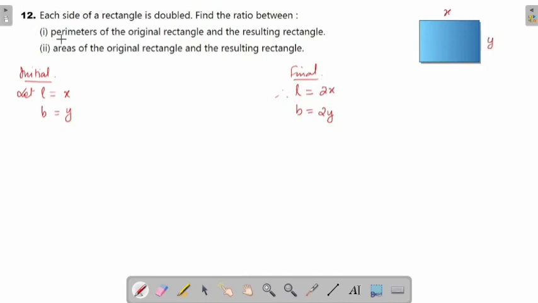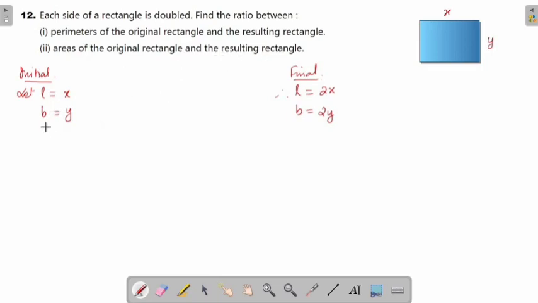Now what we need to do is find the ratio between the perimeters of the original and the resulting rectangle, and number 2, find the ratio between the areas of the original rectangle and the resulting rectangle.